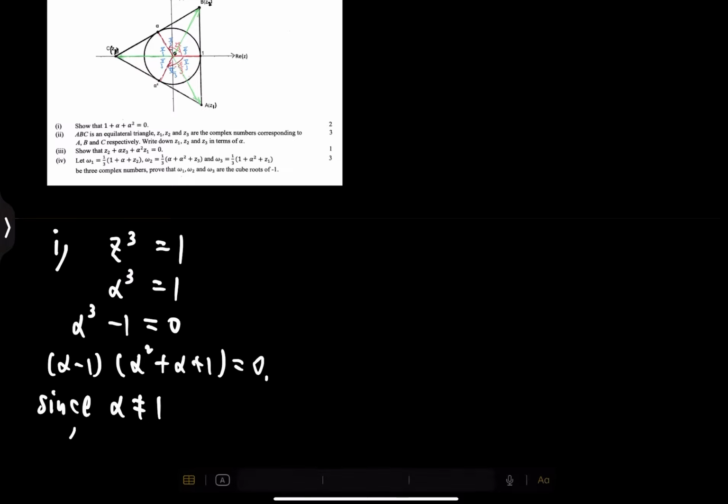Then we have alpha squared plus alpha plus 1 equal to 0. Since alpha is not equal to 1, because alpha is the non-real root of unity, alpha minus 1 is not 0. Therefore, alpha squared plus alpha plus 1 equals 0. So first question done.